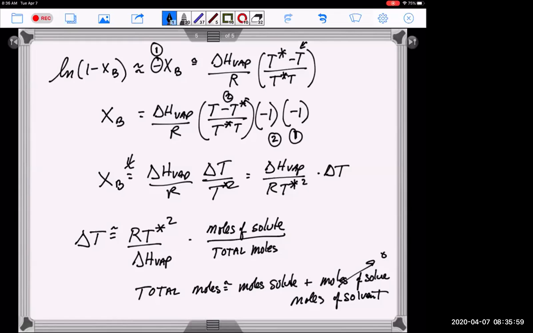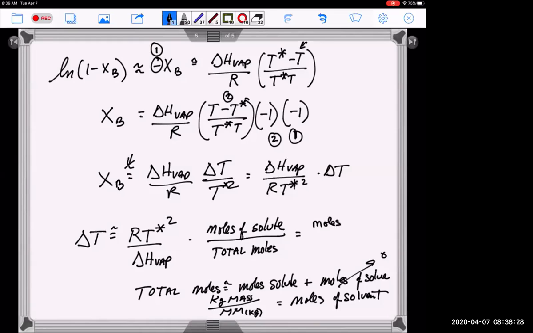And why would we do that? Because, well, we know that the moles of solvent is the mass of solvent. We could say kilograms of solvent over molar mass in kilograms. And so that's what we're going to do. We're going to change this to be moles.